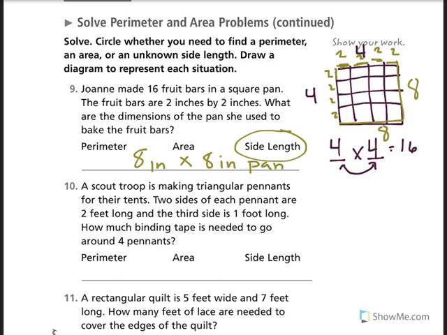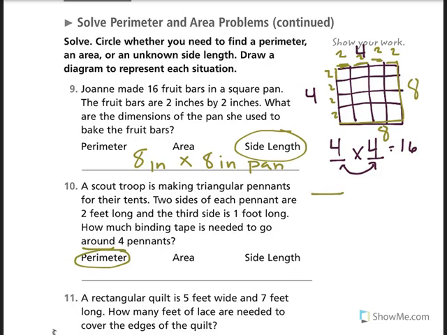All right, number 10. A scout troop is making triangular pennants for their tents. Oh boy. 2 sides of each pennant are 2 feet long, and the third side is 1 foot long. How much binding tape is needed to go around 4 pennants? So we're talking about going around, so that's the perimeter.